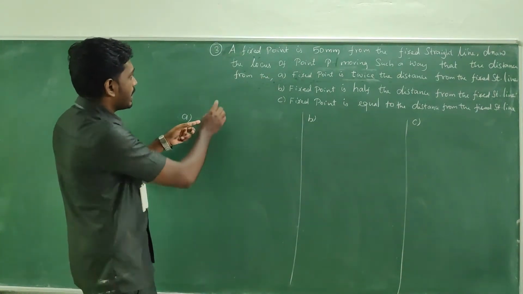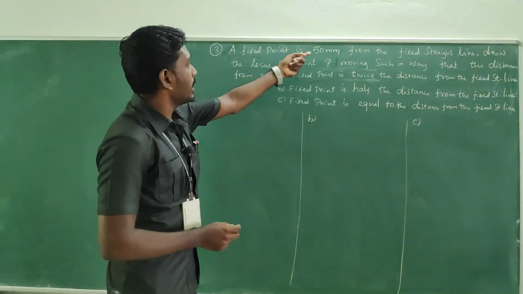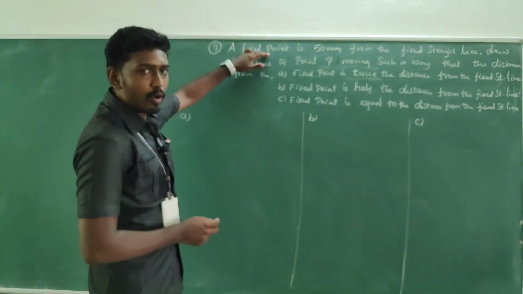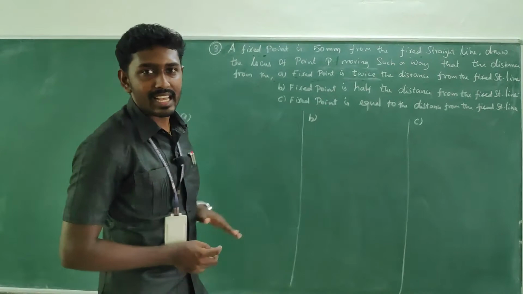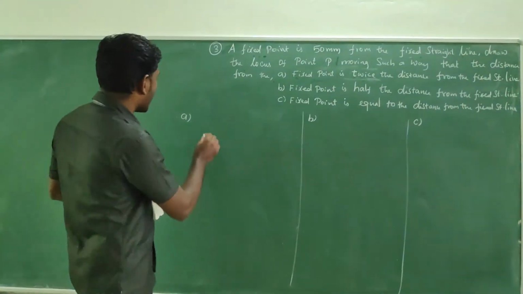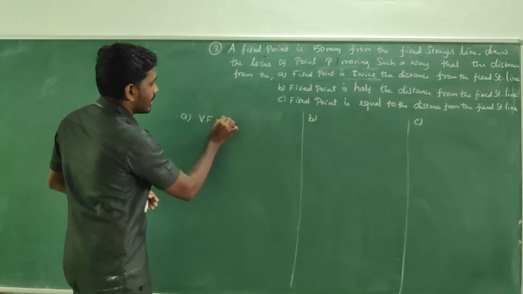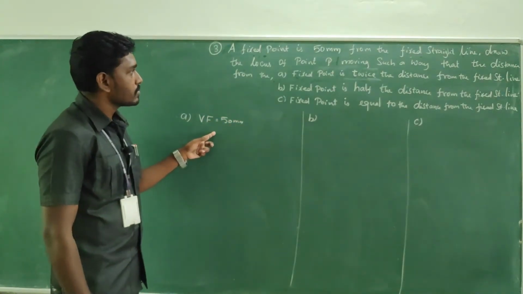First, try to take the given data. A fixed point is 50 mm from the fixed straight line. We know fixed point in the sense it's a focus, and fixed straight line in the sense it's a directrix. So what are they talking about? VF as 50. VF distance is mentioned.